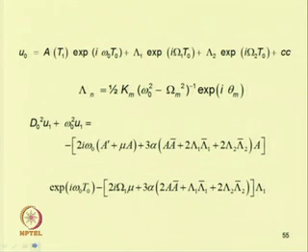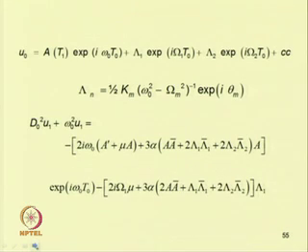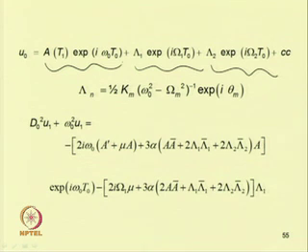Similar to the previous case, here the u 0 will contain a complementary part and the particular solution due to this term and due to this term. One can write the particular solution with omega 1 for forcing k 1 and this one for forcing k 2, in addition to the complementary part solution, that is A of T 1 e to the power i omega 0 T 0.